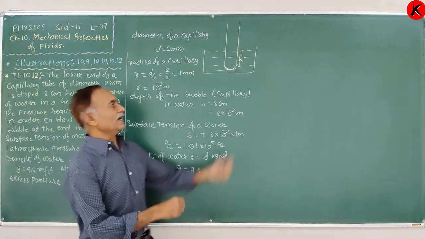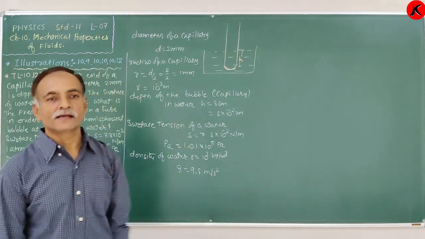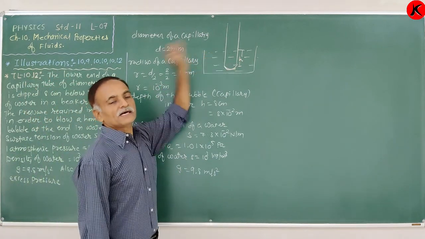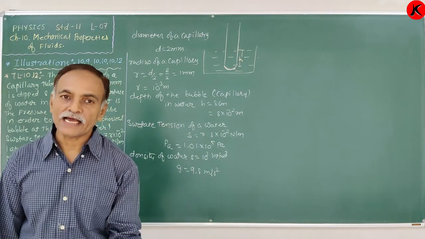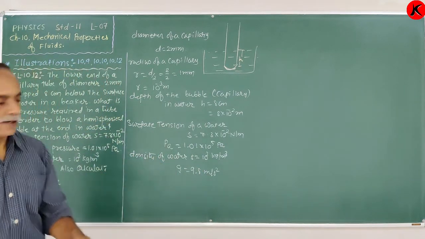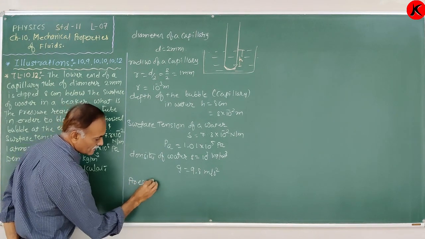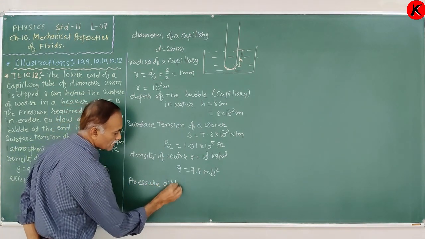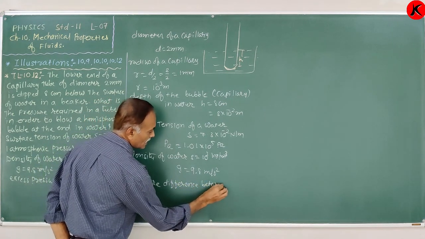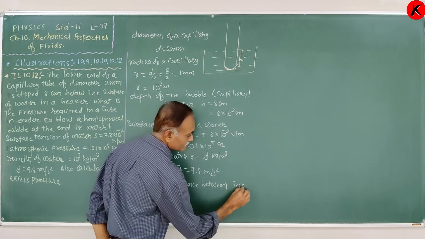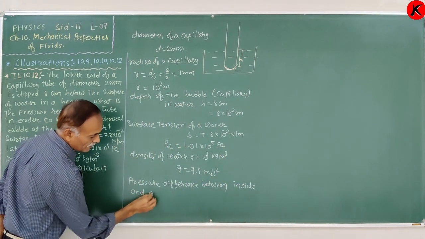Here a bubble is formed at the end of a capillary tube in a liquid. Here, first we have to find out the pressure difference between inside and outside of a bubble. Therefore, the pressure difference between inside and outside of the bubble.